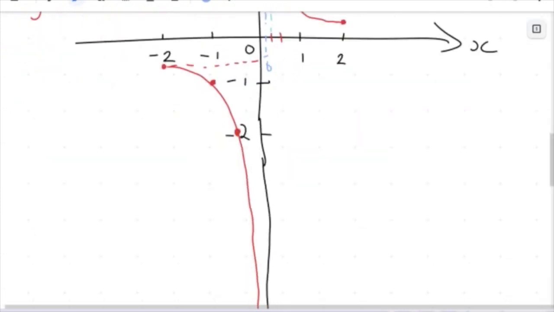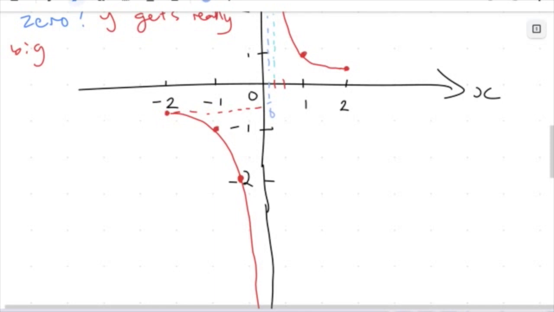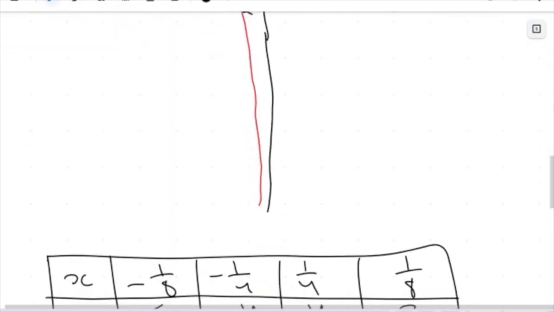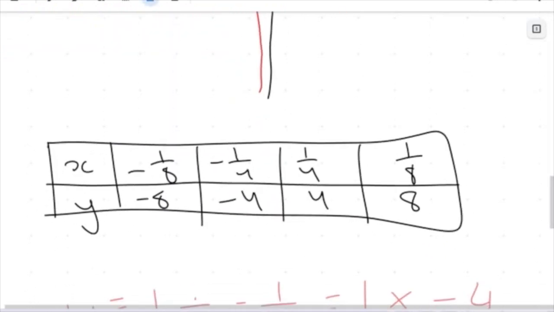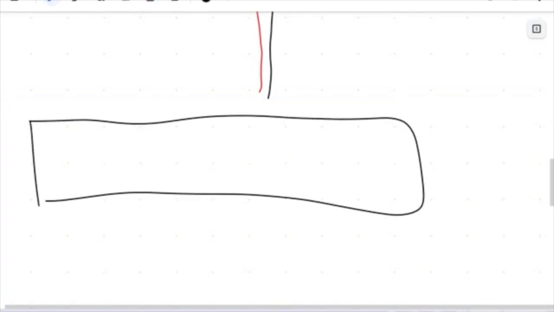So we're going to try another couple of values here. So we're going to try, for example, x equals 4, y equals minus 4, and we're also going to try positive 8 and negative 8. So let's set up another table of values and try some points here.